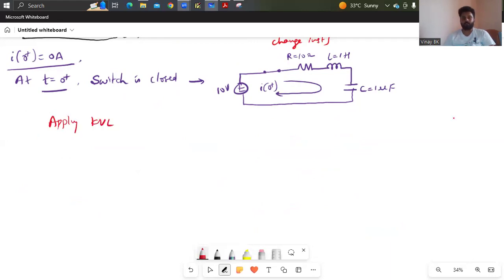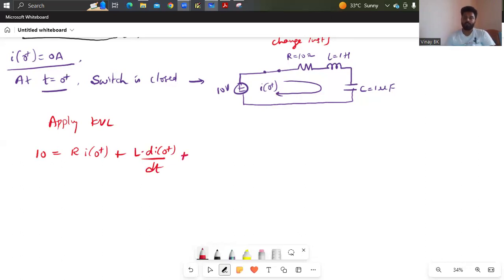What will you write? The total voltage, 10 volts, equals the drop across each element. Voltage drop across the resistor is R into the current flowing through it, I of 0 plus. Voltage across L is L into di of 0 plus divided by dt, that is L di by dt when t equals 0 plus.